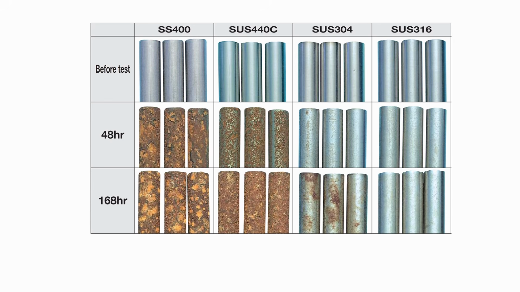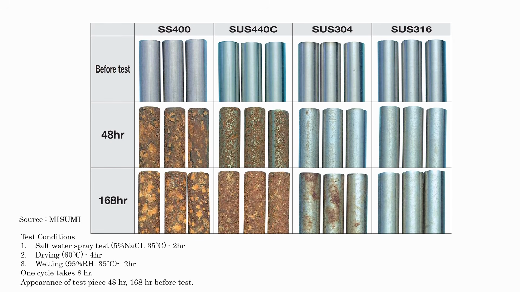And you can see here, if we compare the SS400, which is a plain carbon steel, a Japanese grade, it has higher corrosion, right? And 440C is better. And then of course 304 and then 316 is even better in the same environmental condition after the same duration.